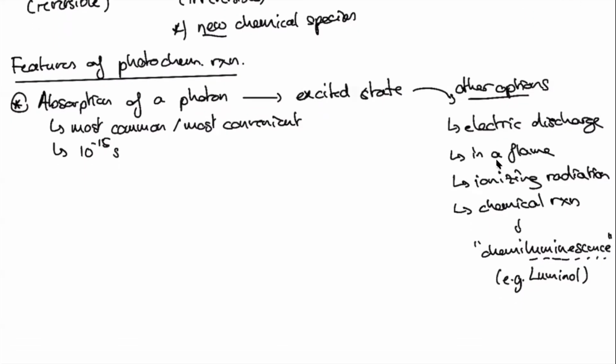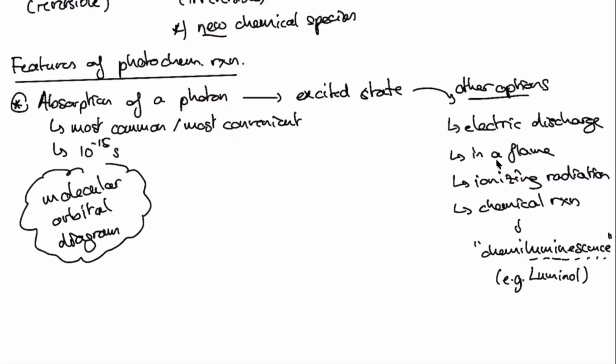Okay, so this is maybe a bit of repetition of what you already know, but let's look at a molecular orbital diagram. Okay, so it's typically something like this. Let me try to do this nicely. Okay, so we have, for example, the ground state. Okay.